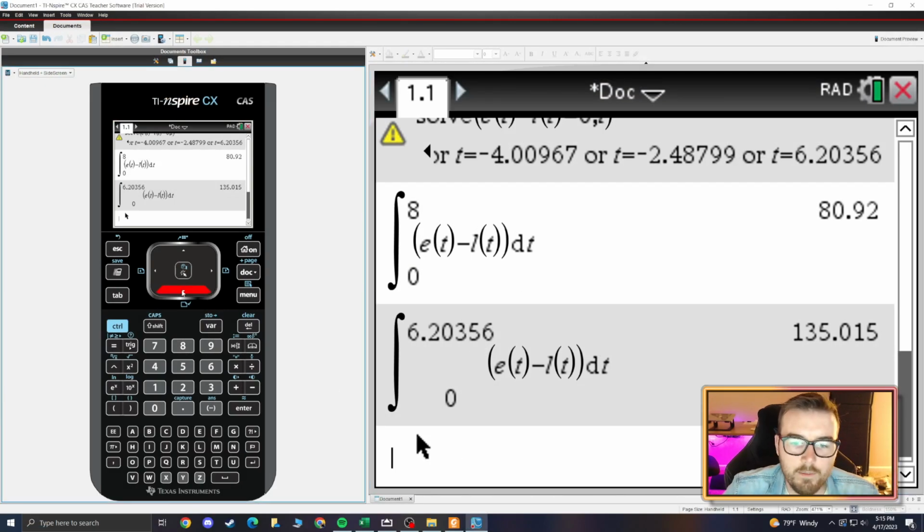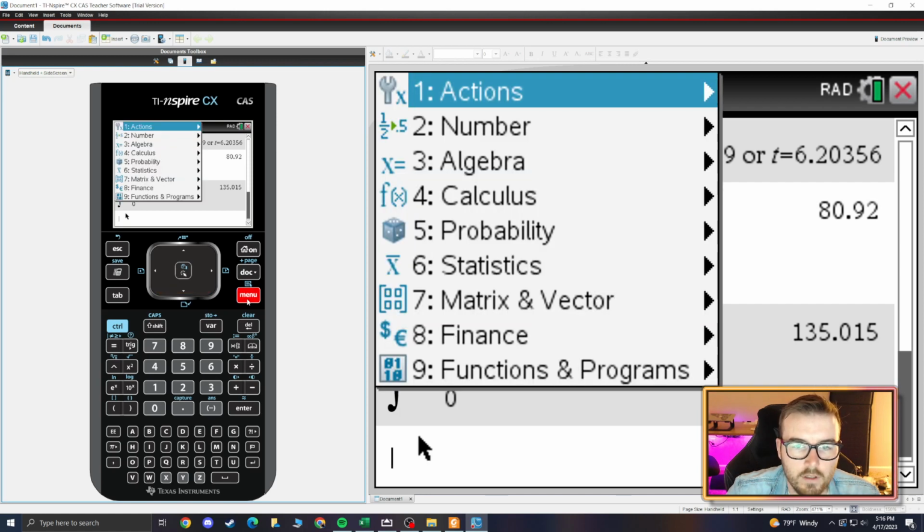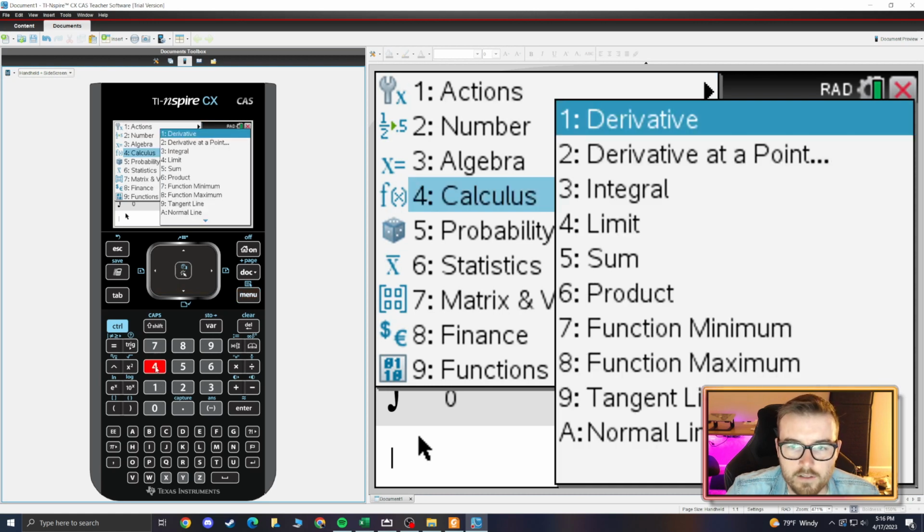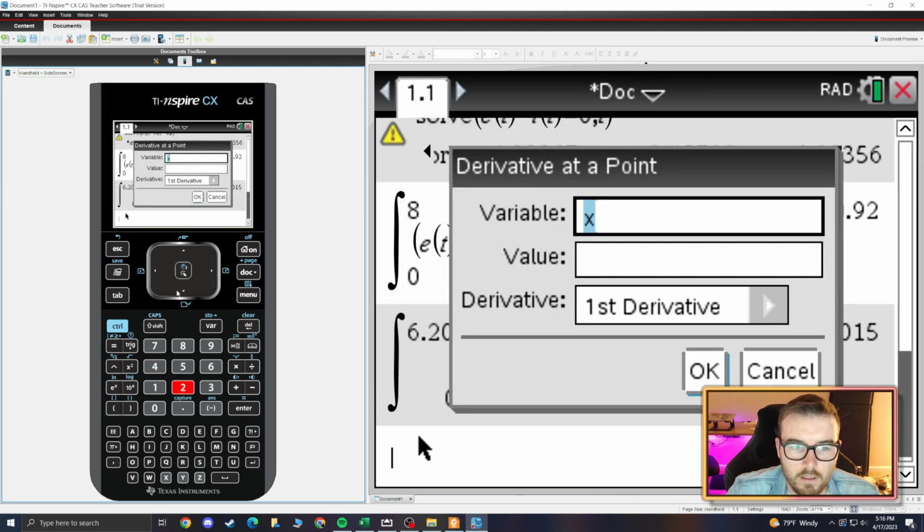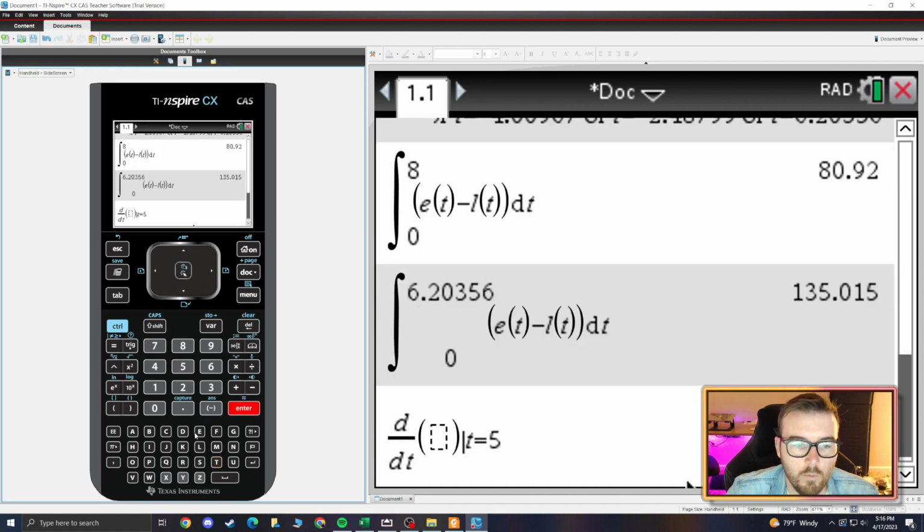And one final time here, good thing I saved E of t and L of t. We're going to do, what's the best way to do this? Honestly, I'm going to do calculus, and I'm going to do derivative at a point, and I'm going to say at 5. Ooh, the variable is t, though. Don't forget that. And hit enter, and we're going to do E of t.